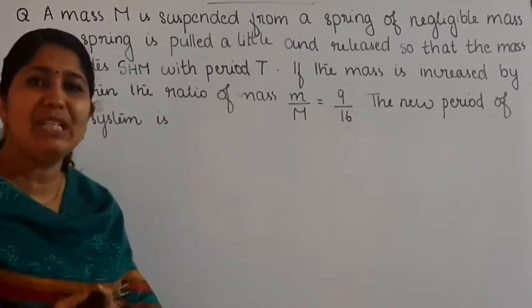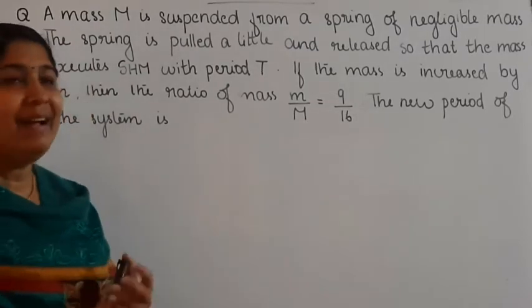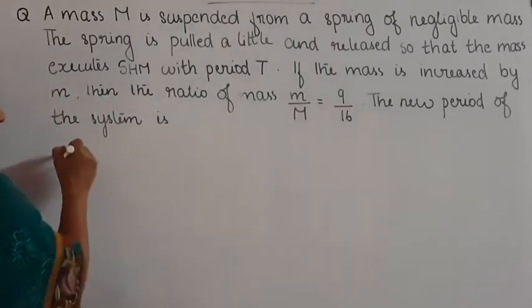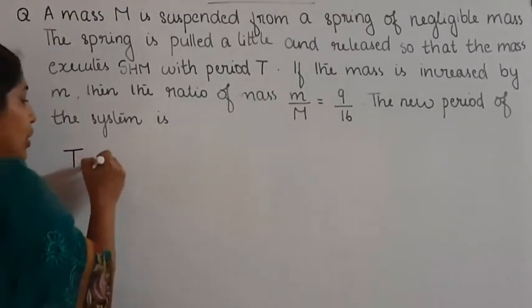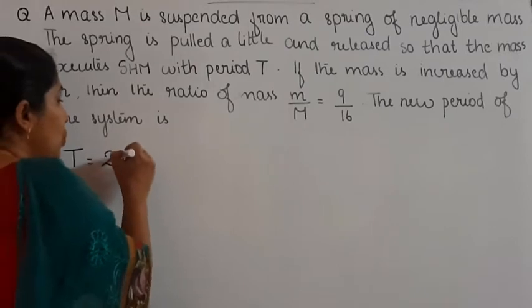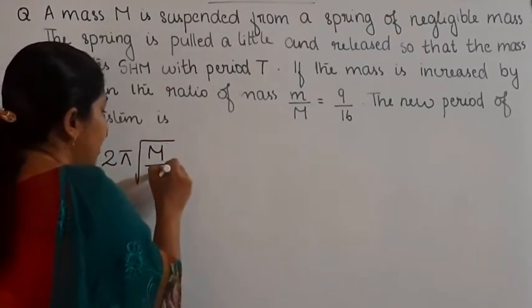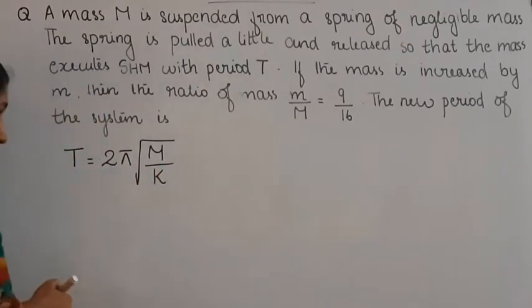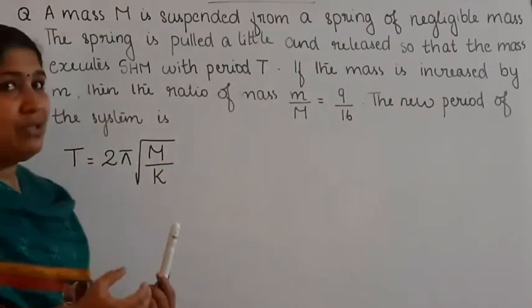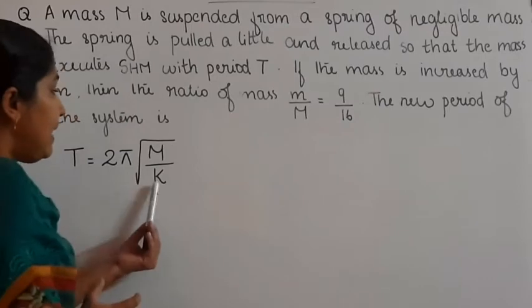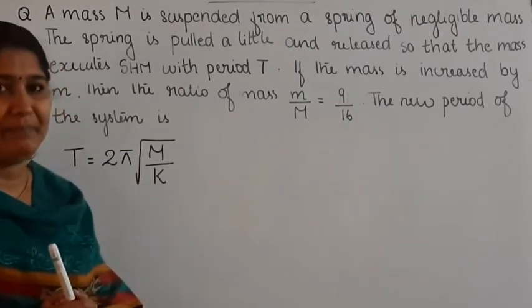Okay, then what's the equation for the time period of the spring? Time period of the spring that is given by t is equal to 2 pi into root of m divided by k. This is the equation for the time period of the spring. Okay, m is the mass which is attached to the spring and k is the spring constant.